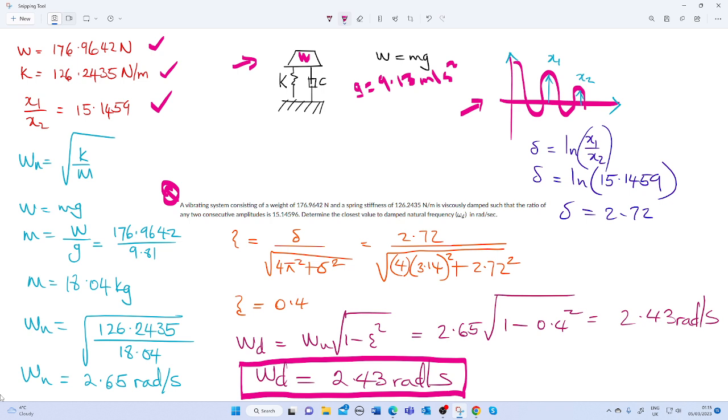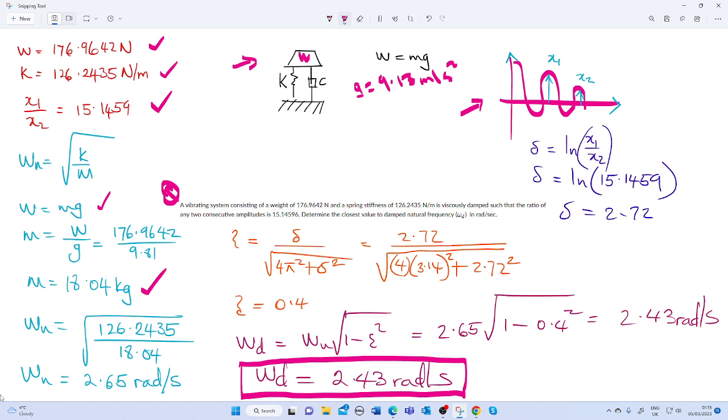Now, by deducing that W equals mg, and by using the equation to find the mass, which is m equals W over g, that gives us our mass to be 18.04 kilogram.